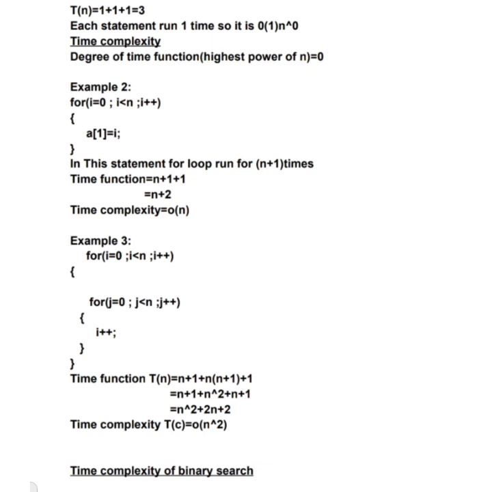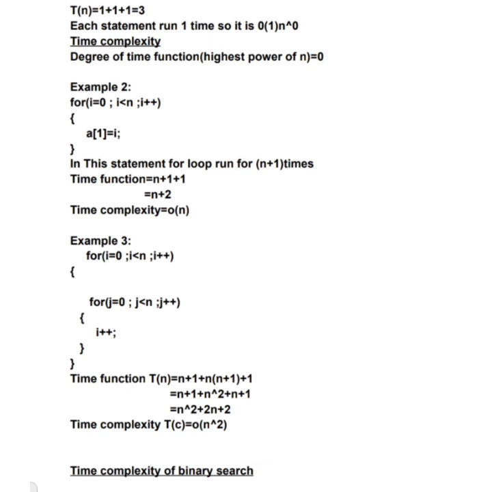Let me see a different example, using a for loop inside another for loop. The first for loop will run for n plus 1 times, like before. Inside, the for loop will run for n times and also n plus 1 times, so totally n into n plus 1 times it will run.